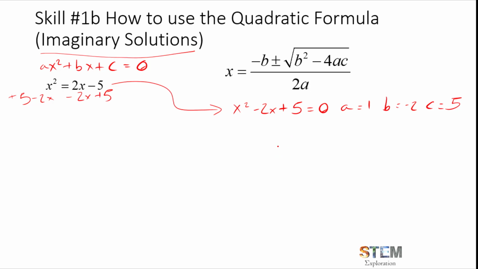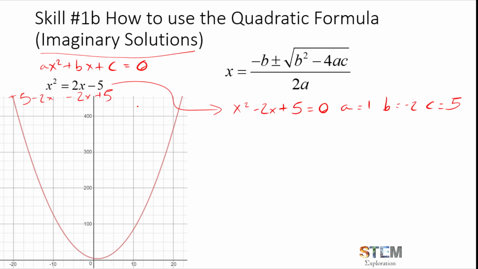If we pulled up the graph, you can see the quadratic for x squared minus 2x plus 5, and it never touches the x-axis, which is where your root or your 0 is. But even if a quadratic equation doesn't have any real solutions, it still has solutions, and in this case they are just imaginary. That's where the quadratic formula really becomes useful.